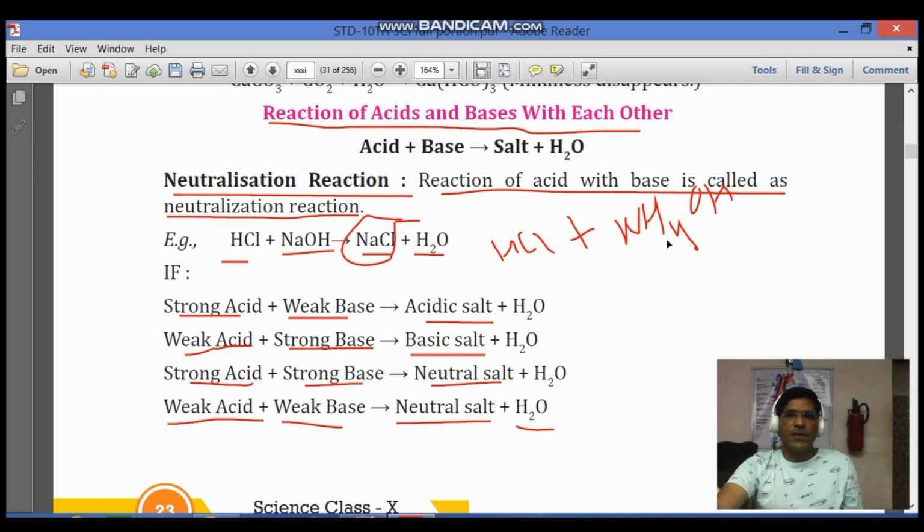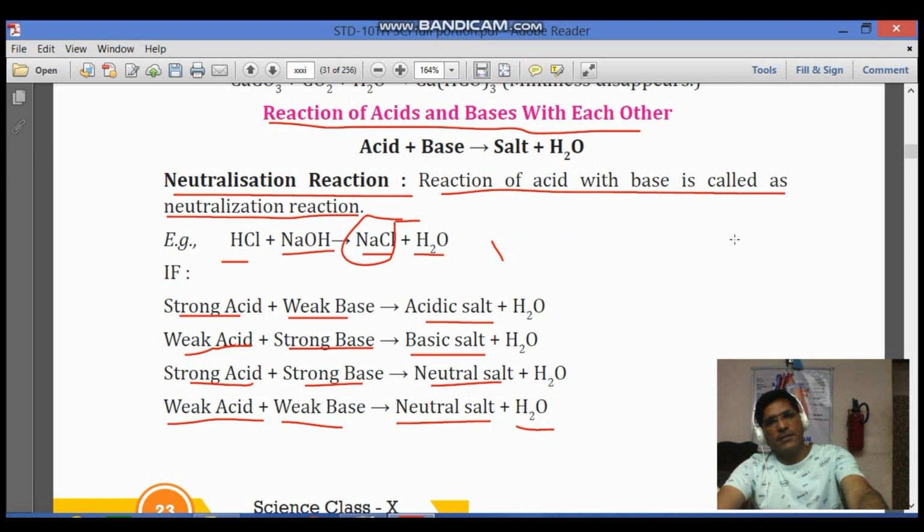Strong acid, weak base: the salt is acidic, that is NH4Cl plus H2O. So you will say it is an acidic salt. So strong acid, weak base, we can understand by this type of reaction.